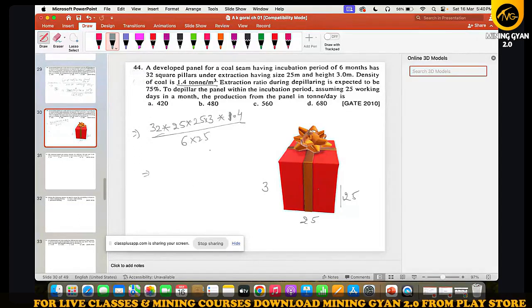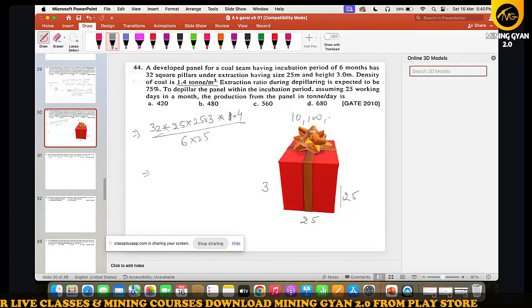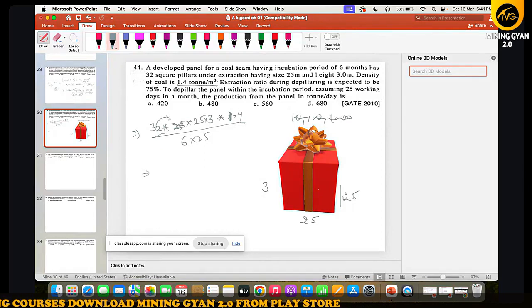So how will we solve it? You can cancel it, so cancel it. Try to make digits 100, 10, 100 and 1000 when you multiply. So take 4 in this, and it will become 100.